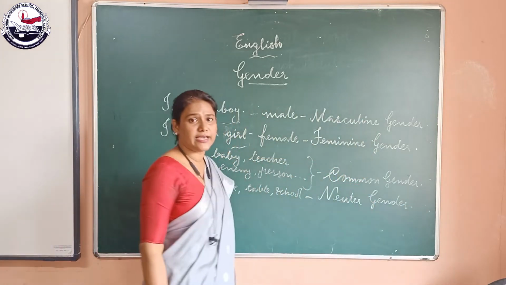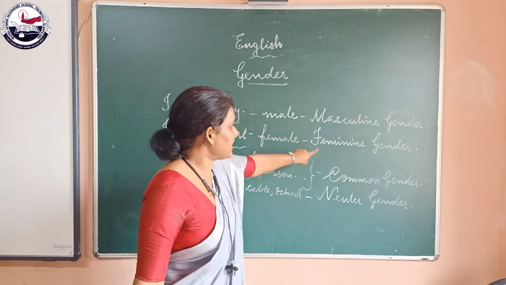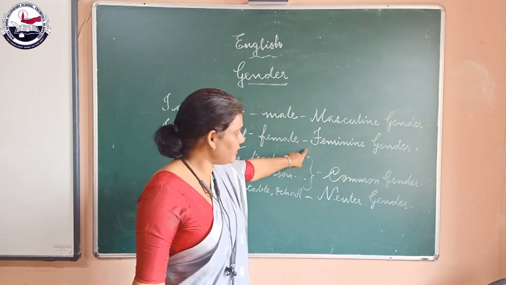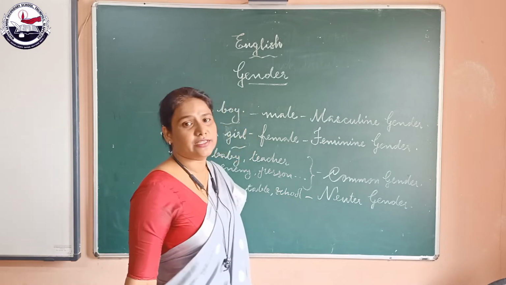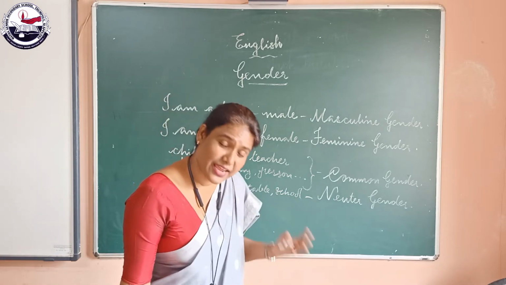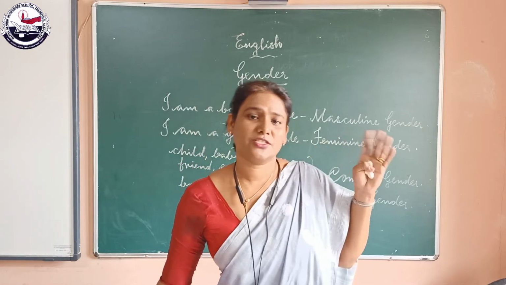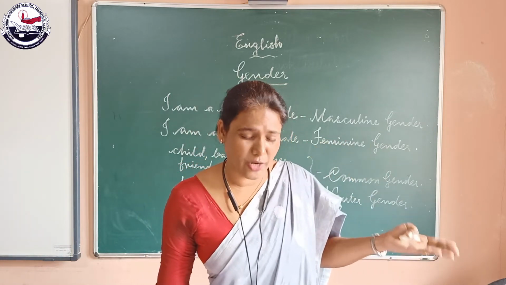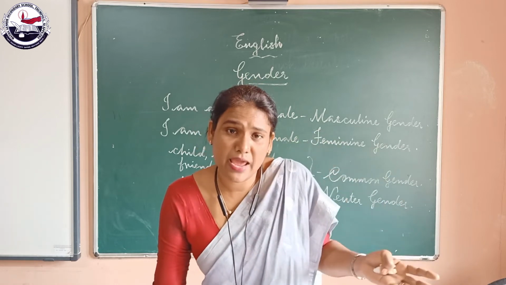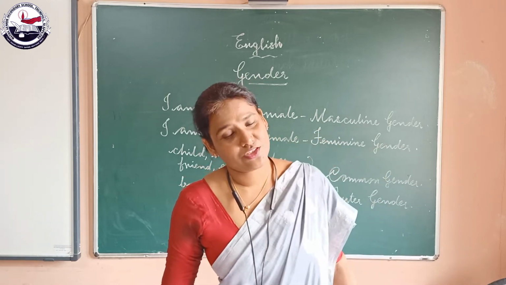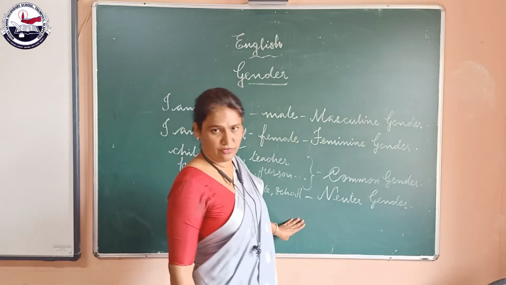Four kinds of gender. First one, masculine gender. Second one, feminine gender. Third one, common gender. And last one, neuter gender, neither male nor female. It does not belong to male or female.